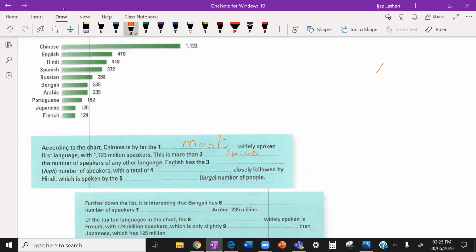English has the, what is English's position in these languages? Second highest. Yes, that's right.